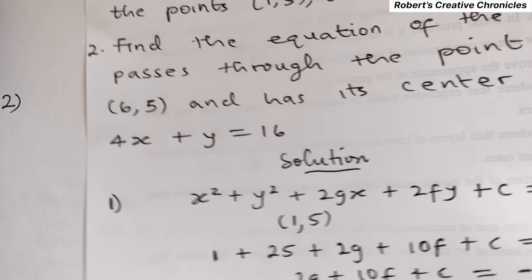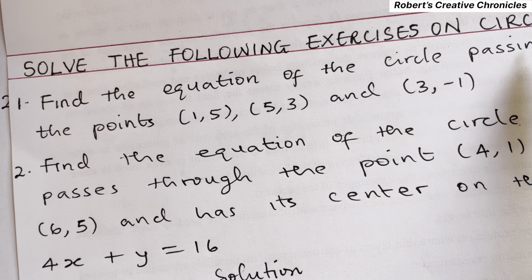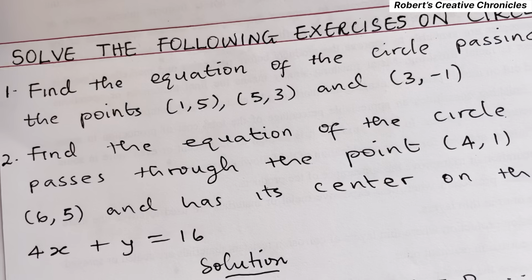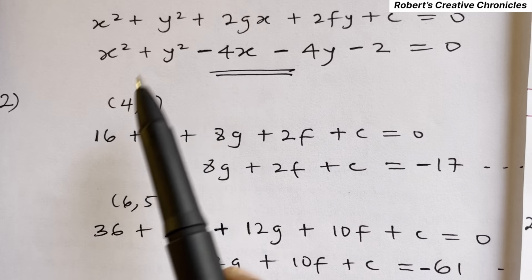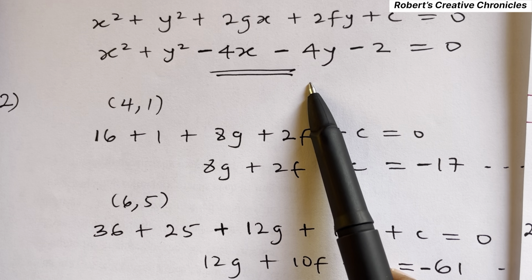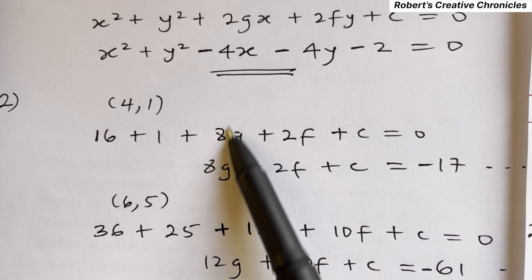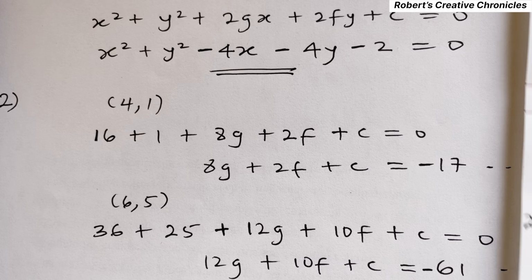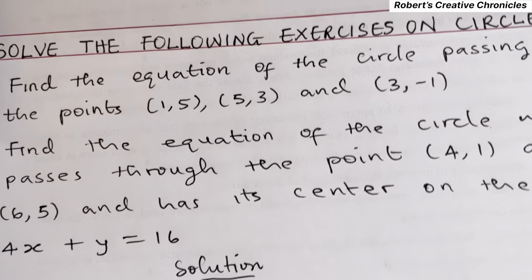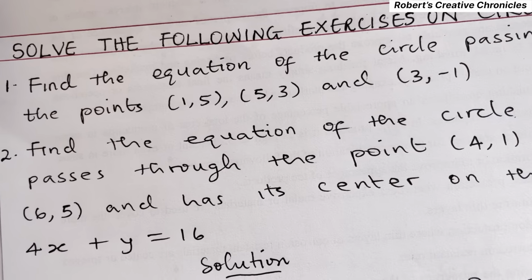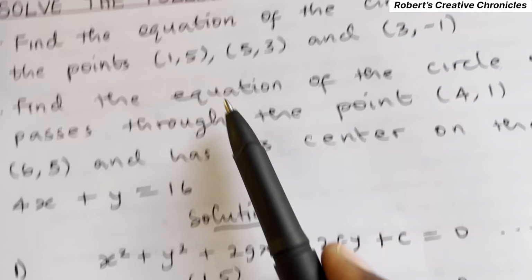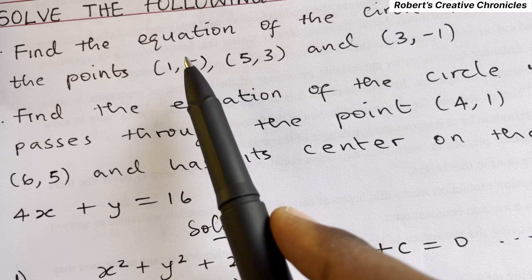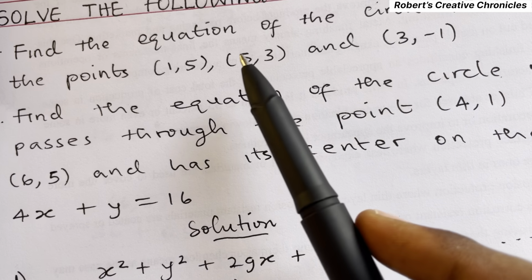They can give you options like find the equation of the circle passing through the points. Then they'll give you options. They'll write this equation here as option A, another equation of a circle as option B, and so on to option D or E. Since there are 3 points, you substitute 3 times.